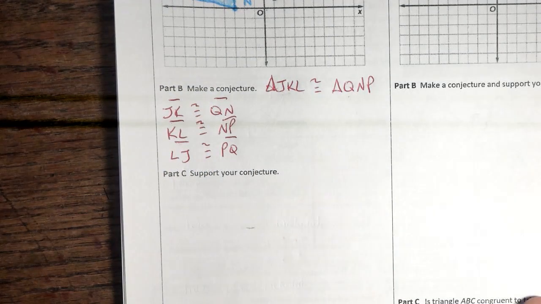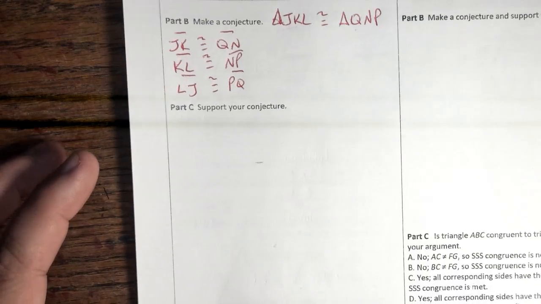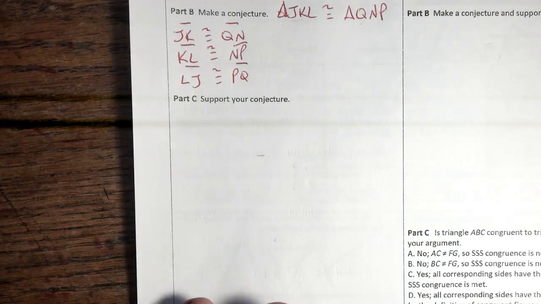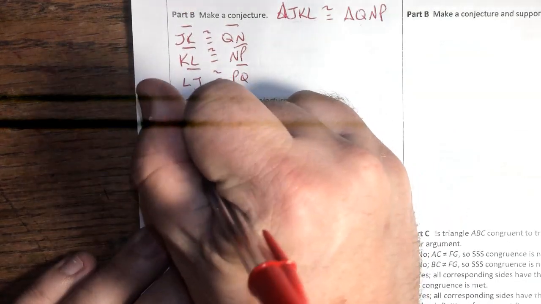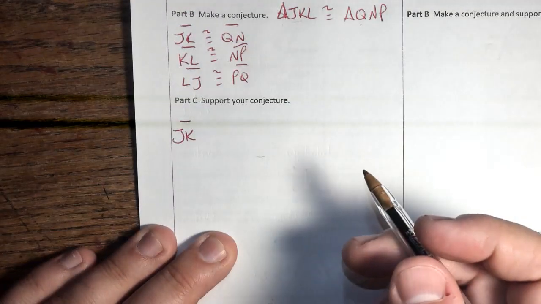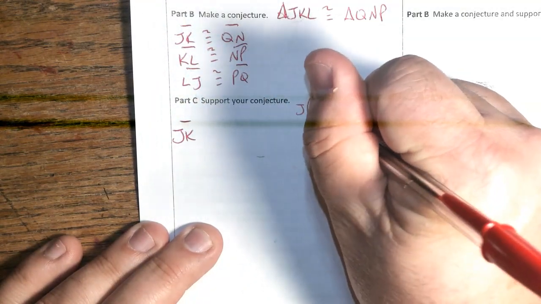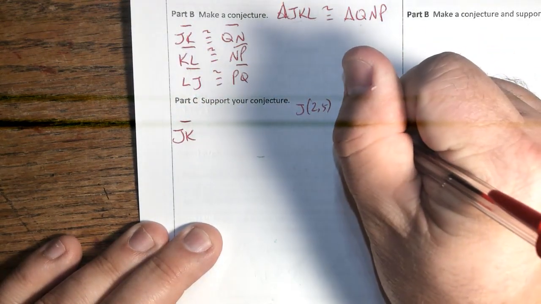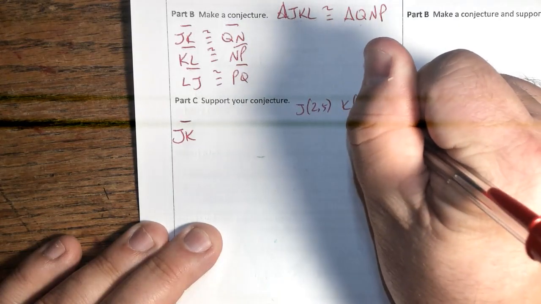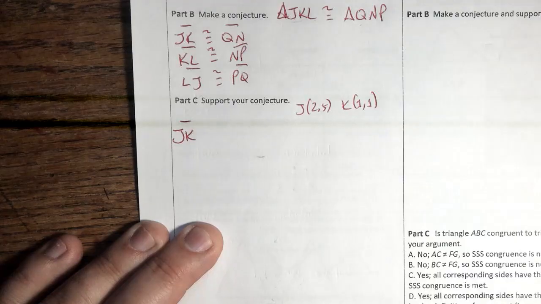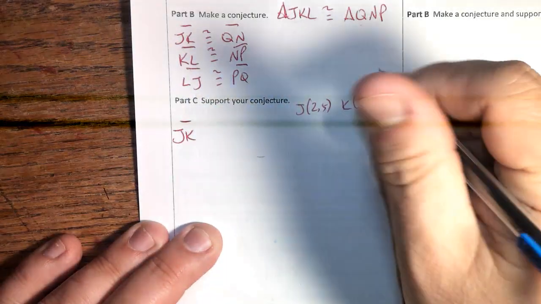Now, how we're going to support that conjecture. I'm only going to do one of these sides. That's why I'm cutting down, but I'm going to do JK. I'm going to prove that JK is congruent to QN. So let me put my points here so you guys can see them. J is at 2, 5. K is at 1, 1. Just a second, I'll write the other one in pencil.